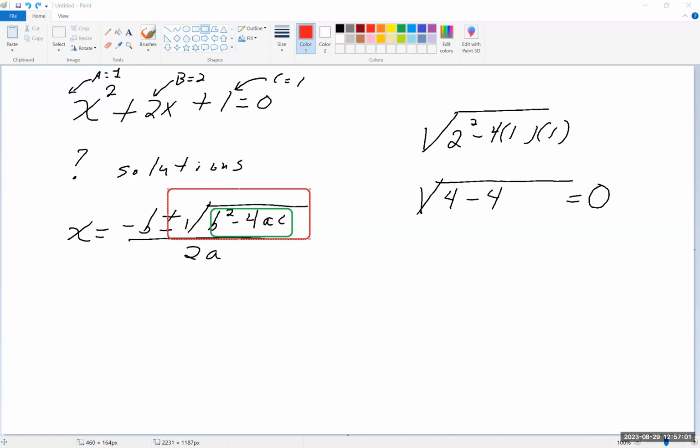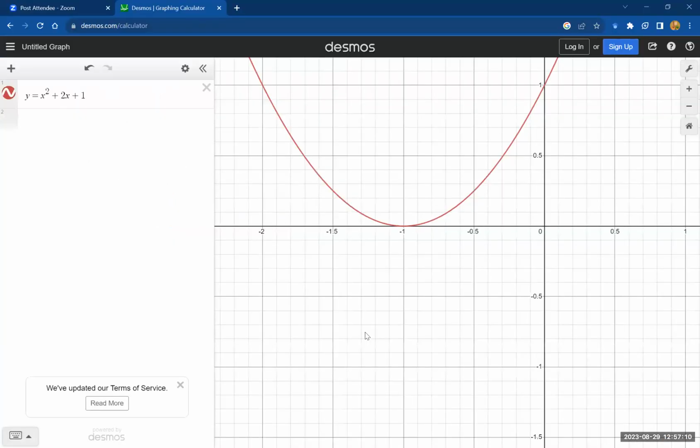Notice that whenever the discriminant is 0, there is only one solution.